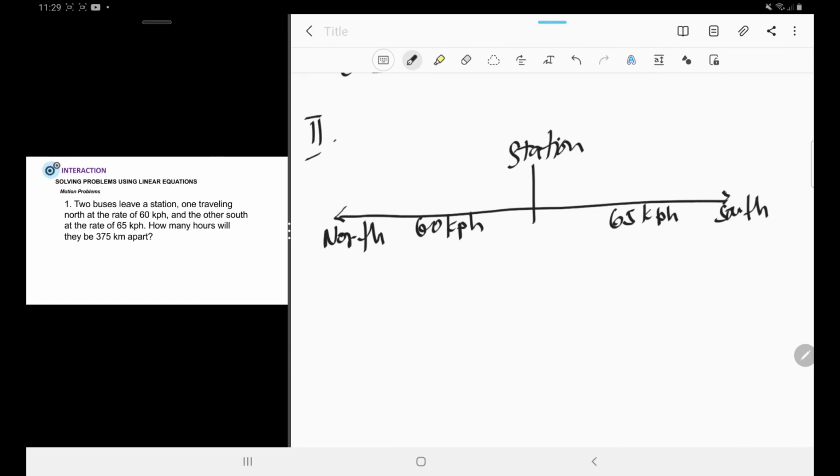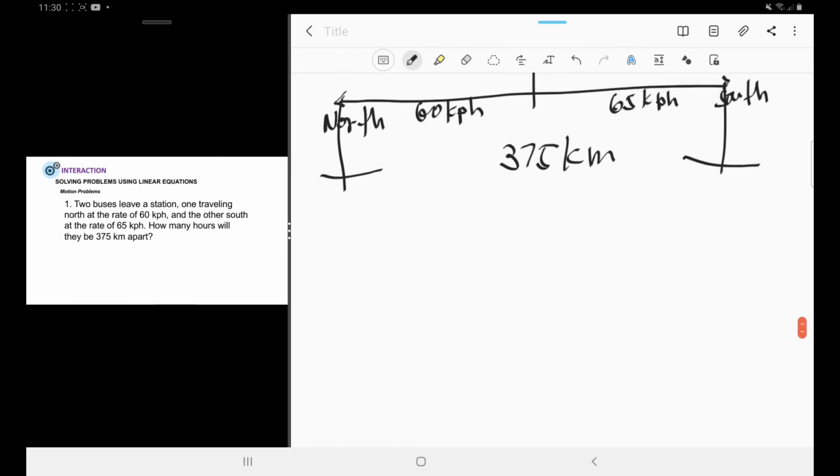So the distance traveled by the northbound bus plus the distance traveled by the southbound bus should be equal to 375 kilometers. So in how many hours will they be 375 kilometers apart?